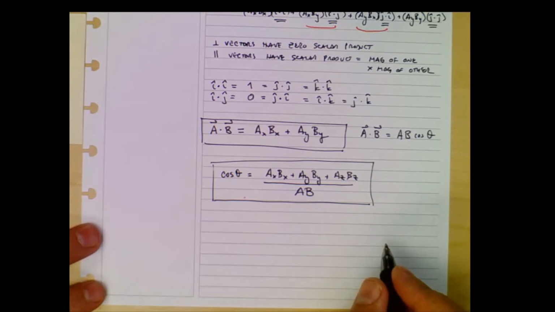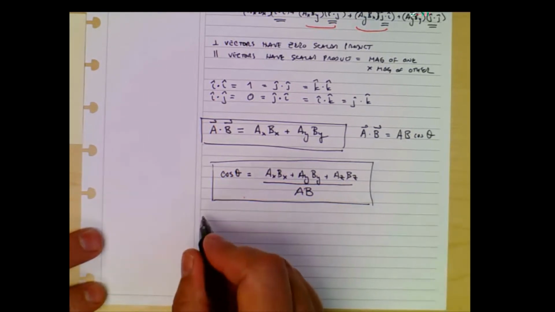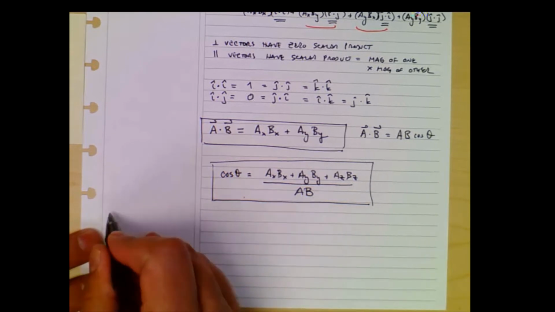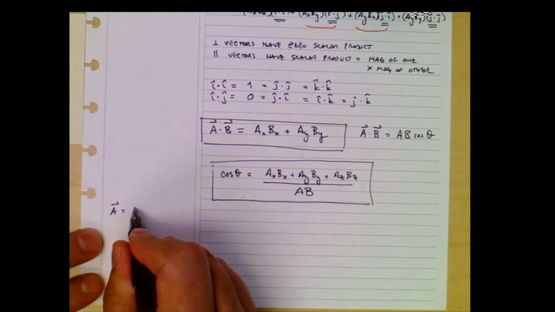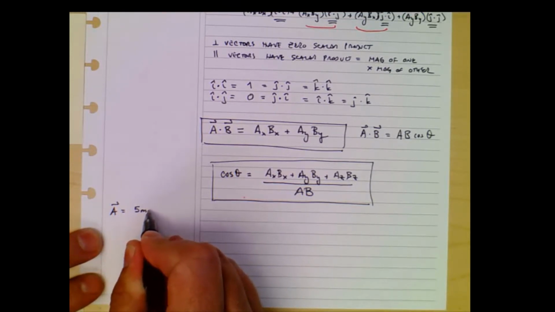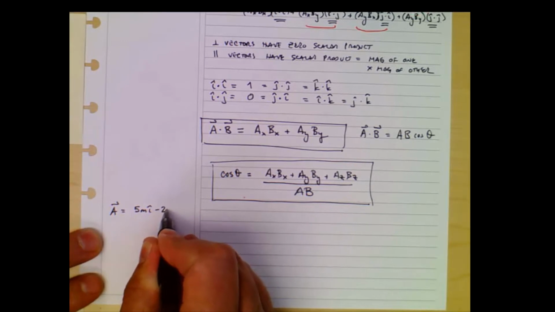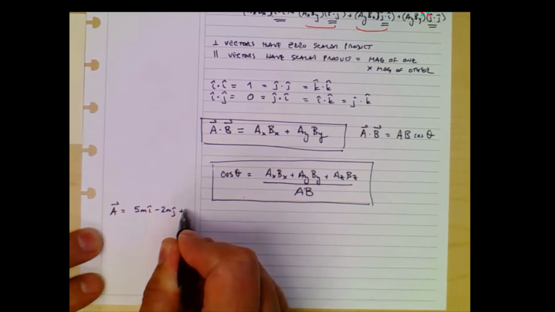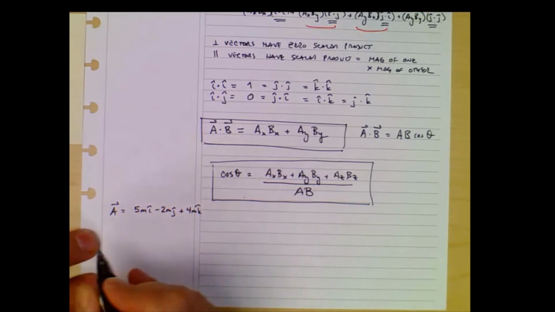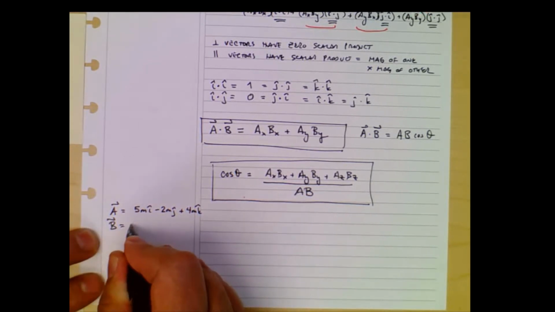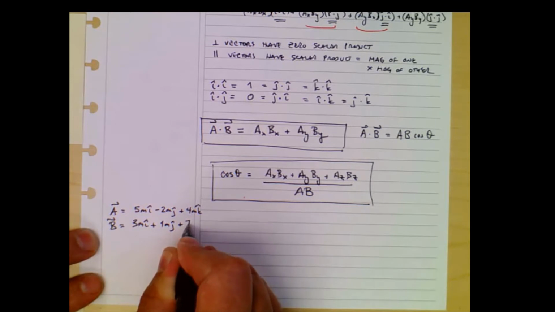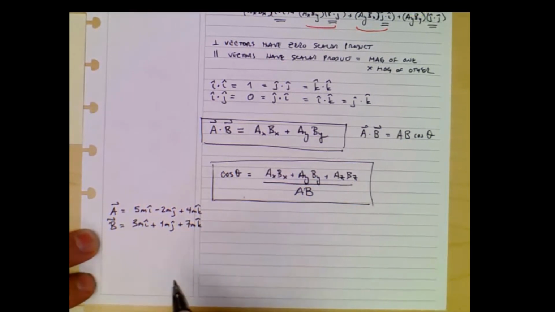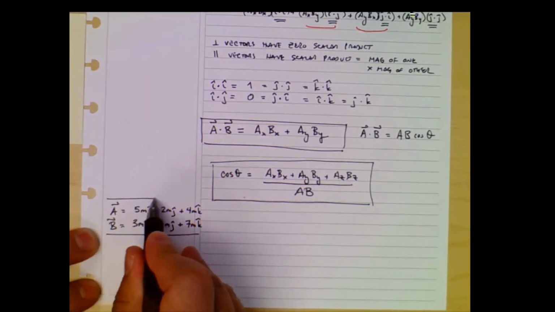So let us suppose that A is equal to 5 meters I hat minus 2 meters J hat plus 4 meters K hat. And vector B is equal to 3 meters I hat plus 1 meter J hat plus 7 meters K hat. And I want to know the angle between these two vectors in 3 dimensions.